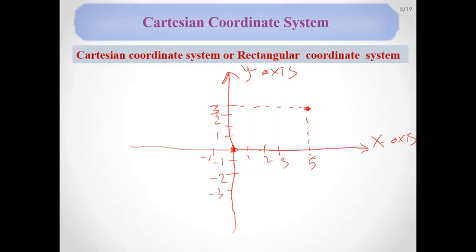So we can say this point is (5, 3). The first one always comes for the x component, the number on the x-axis, and then the number on the y-axis, the y component of the point. We call these the coordinates of the point.